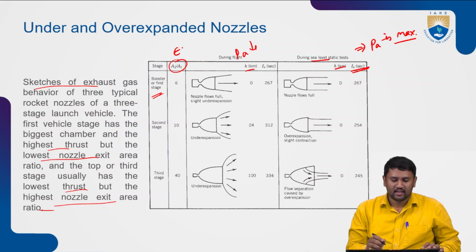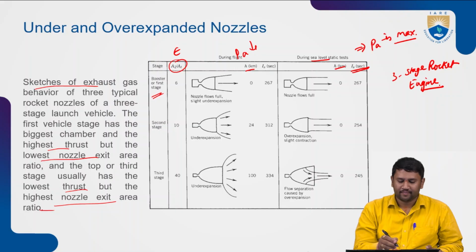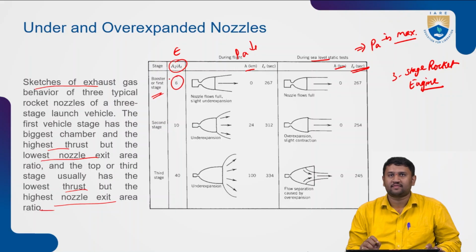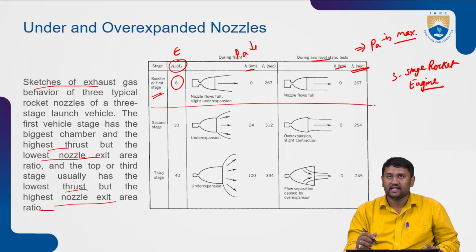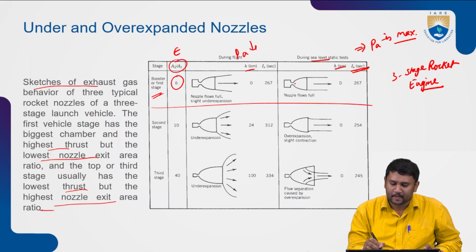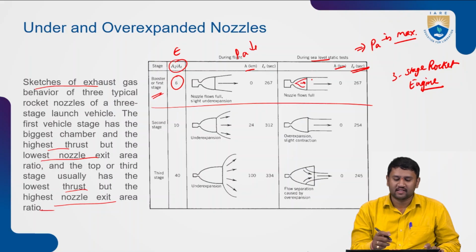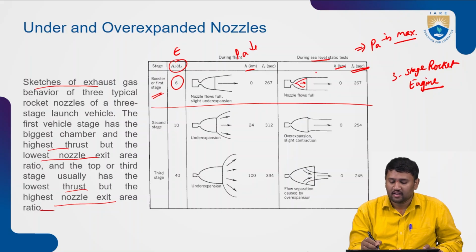Now we will understand this in a three-stage rocket engine. For an area ratio of 6 under sea level, the flow tends to expand as we have designed it for sea level, particularly low level flights.